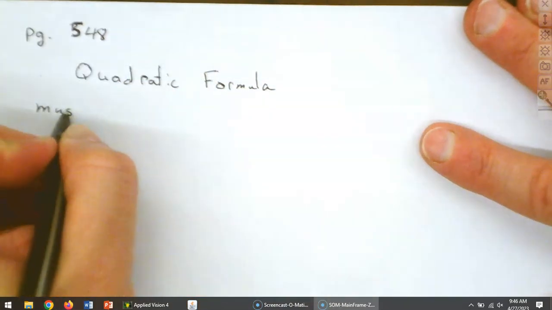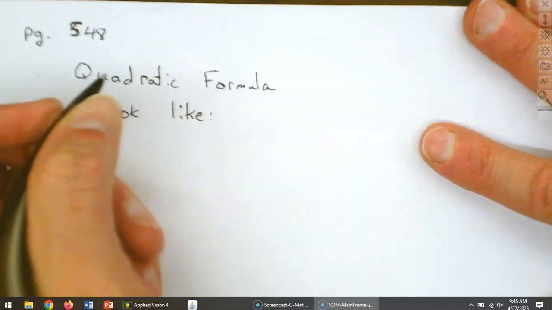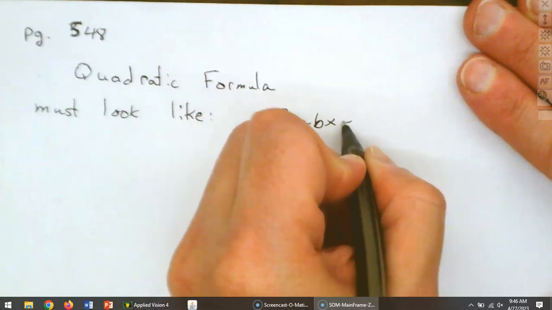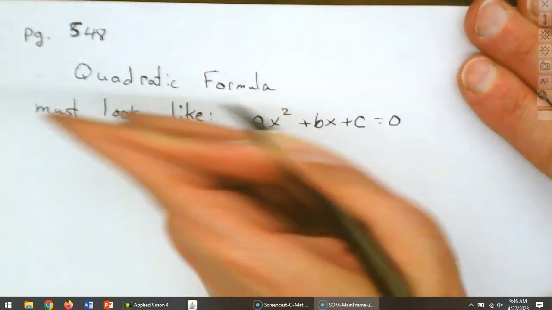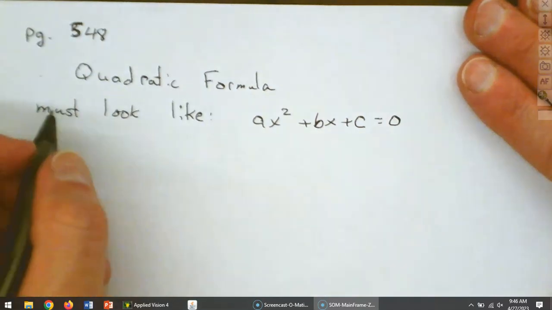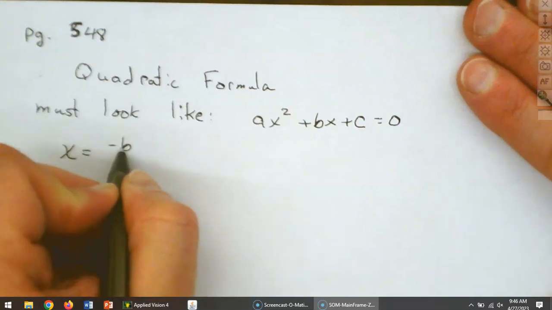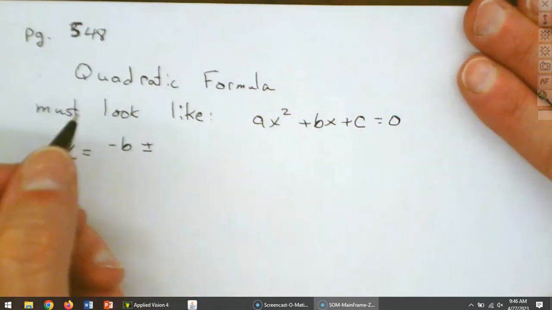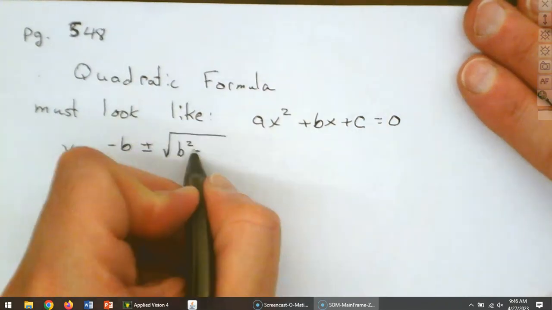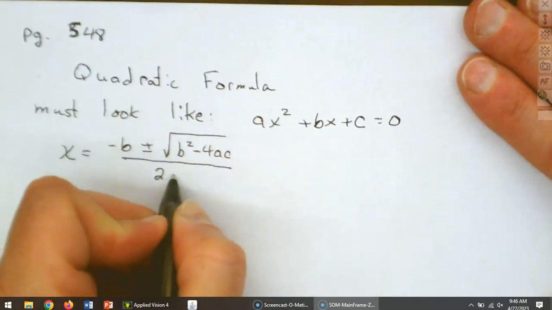Your equation must look like ax squared plus bx plus c equals 0. And your formula is this. Your formula is x equals minus b plus or minus the square root of b squared minus 4ac all over 2a.